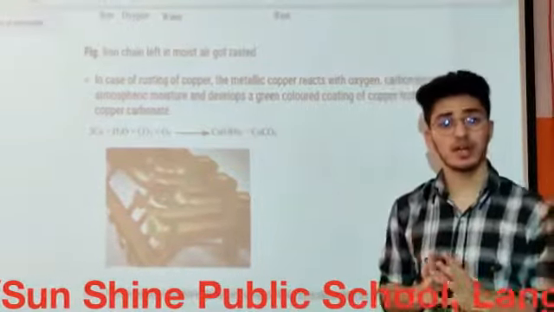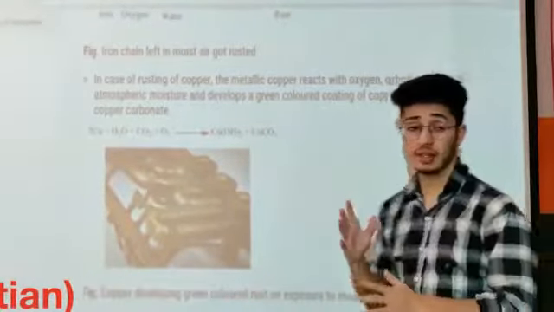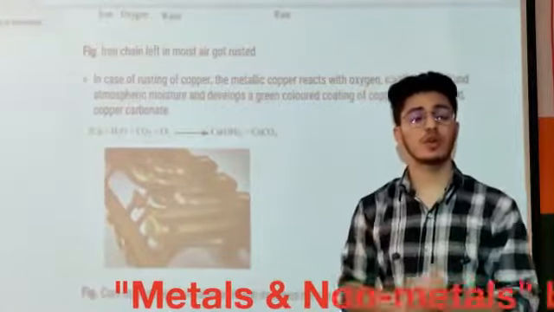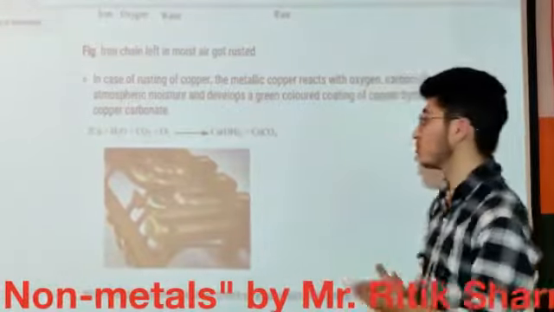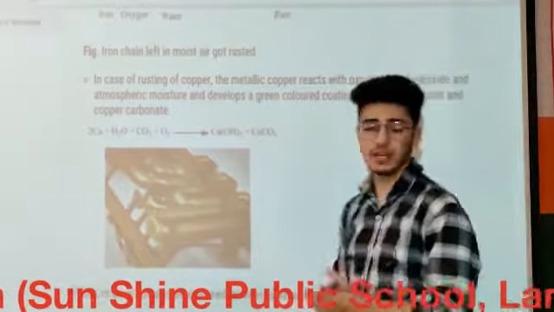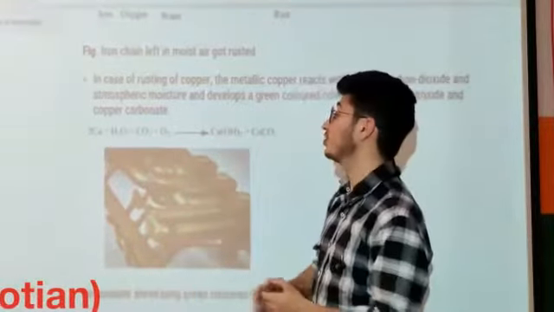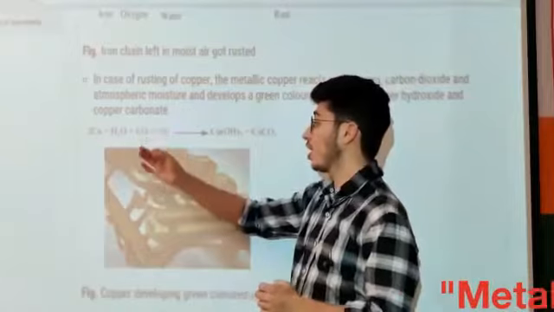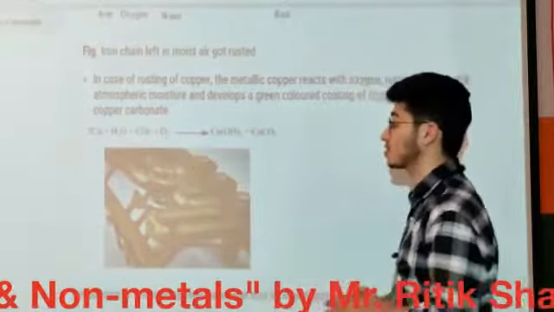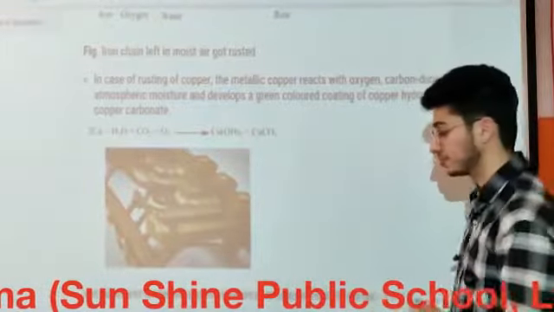When metallic copper reacts with carbon dioxide, oxygen and moisture present in air, it forms a green colored coating over it, which is of copper hydroxide and copper carbonate. So here's the reaction. 2 atoms of copper react with an atom of water, carbon dioxide and oxygen and form copper hydroxide and copper carbonate.